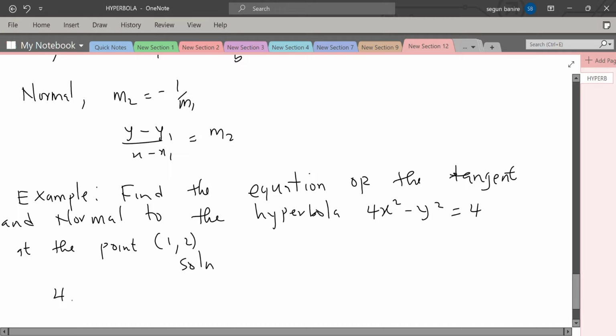Solution: we are given this equation equal to 4.